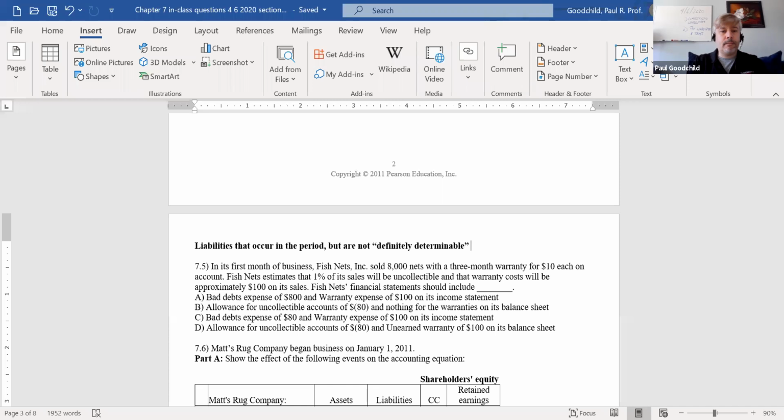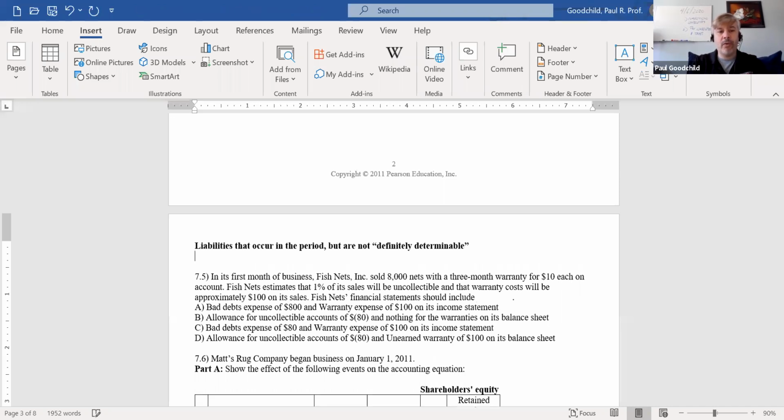But there are liabilities that will be incurred within a period that we don't know exactly how much they're going to be. And so we estimate these liabilities the best management is able to, and report the estimate and how it was done.